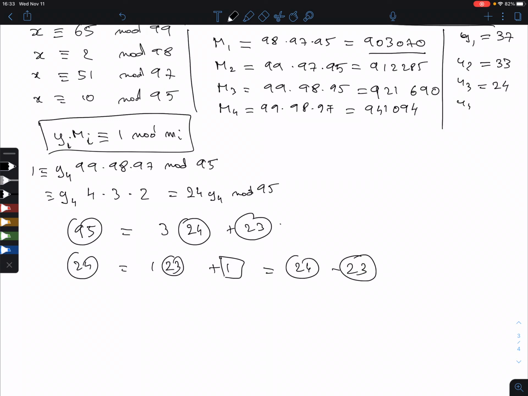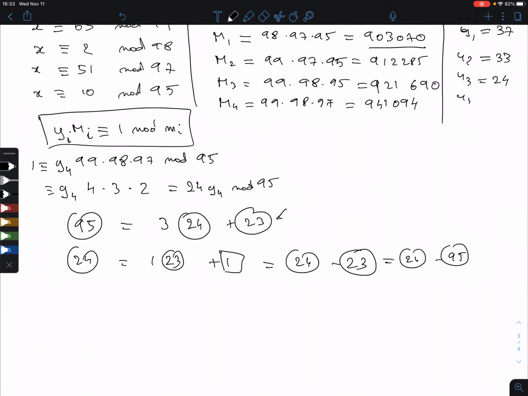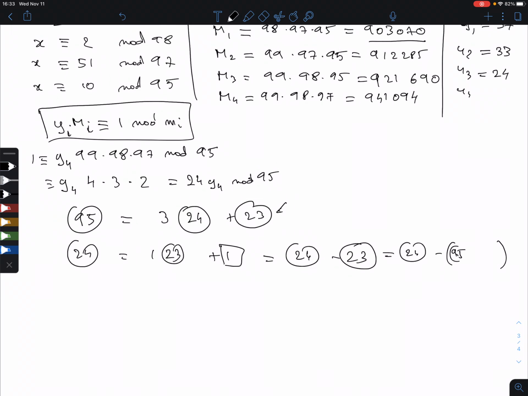Now we work our way back up. So this is, using this equation, 24 minus 23, and 23 is 95 minus 3 times 24. If there's a minus, I should put parentheses. I'm a bit on edge here, and that's why my handwriting gets bad.